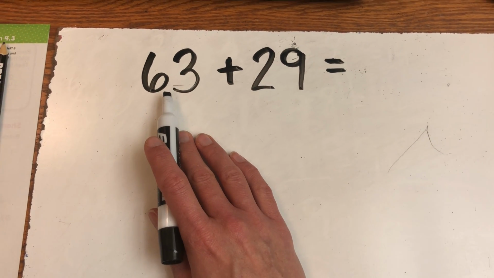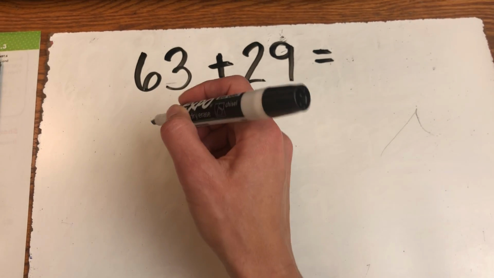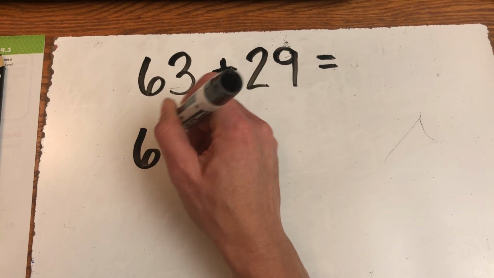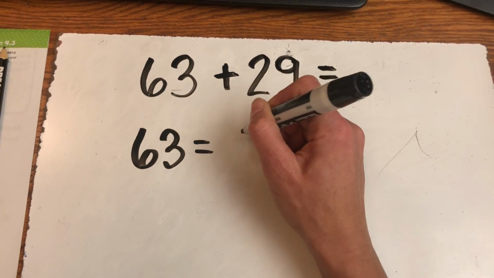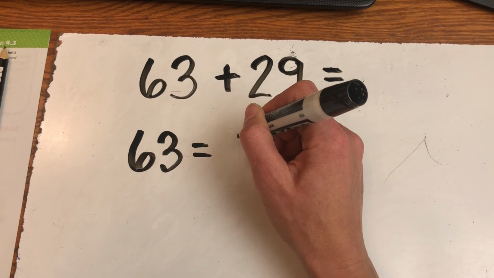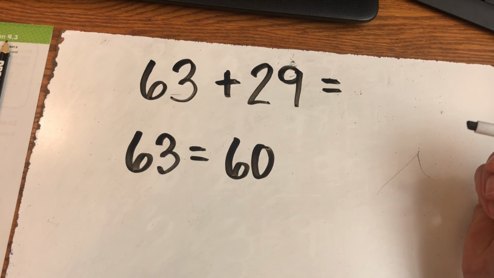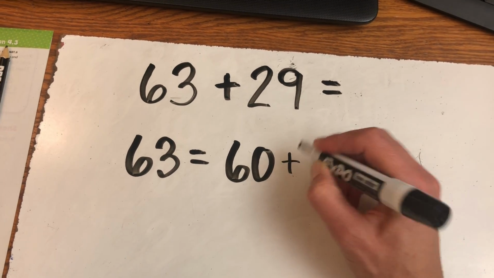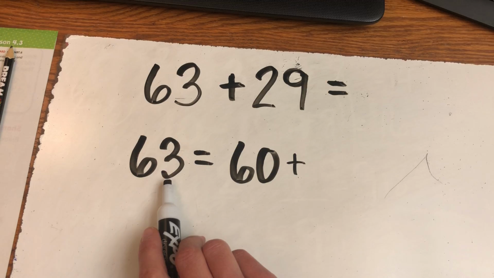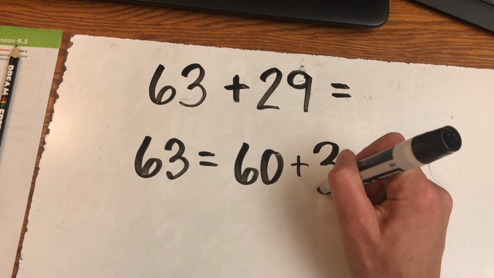When I think of 63, 63 equals how many tens? Good, 6 tens, which is 60, plus how many ones? 3, good.